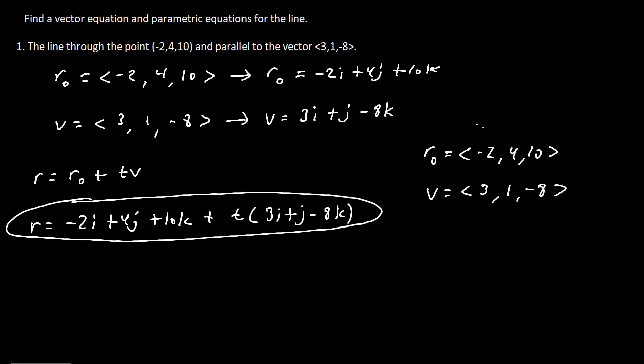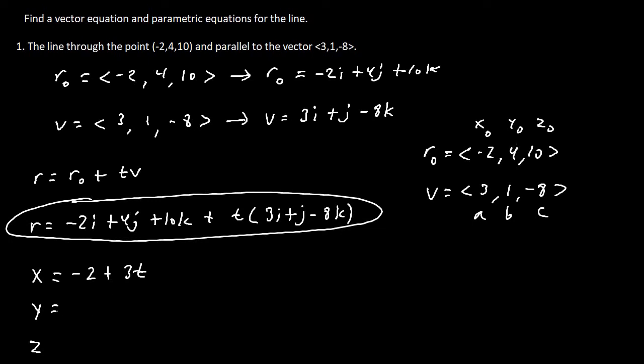Remember that r sub naught is in terms of its components x sub naught, y sub naught, and z sub naught. And vector v is in terms of its components a, b, and c. So once again, the parametric equations are going to be in terms of x, y, and z. And x is going to equal x sub naught, which is -2, plus a, which is 3, times t.